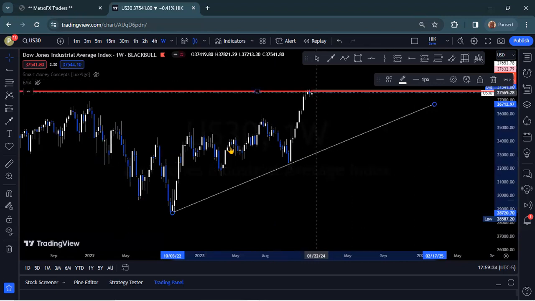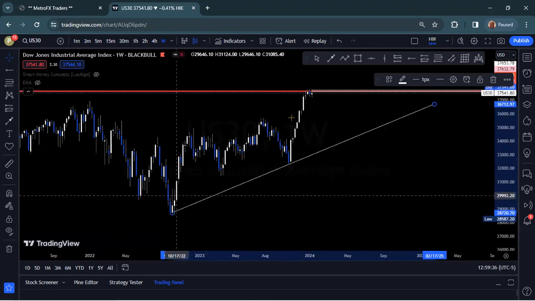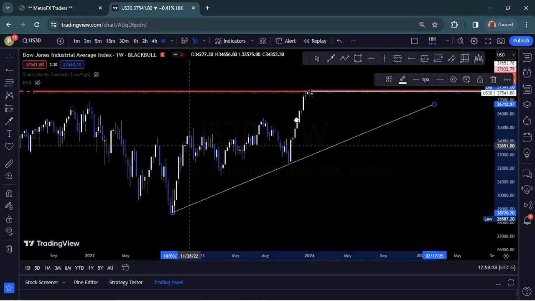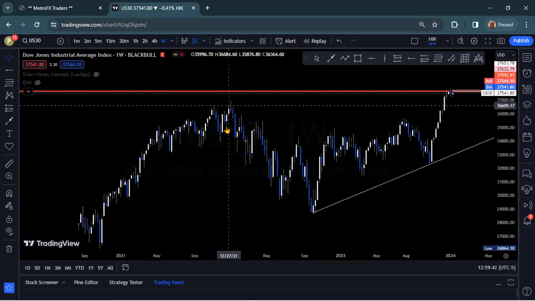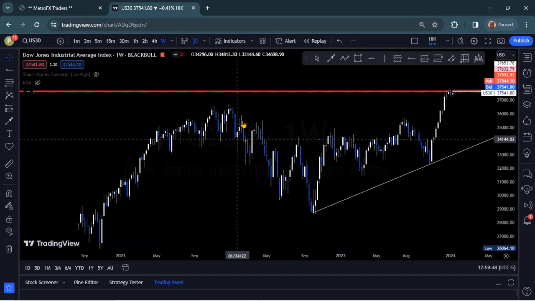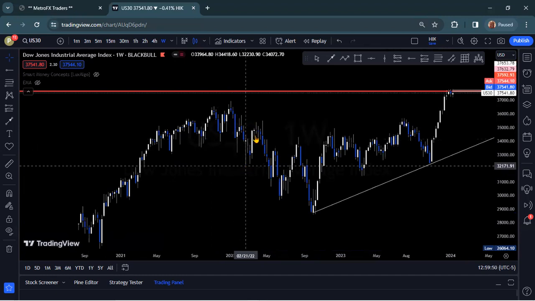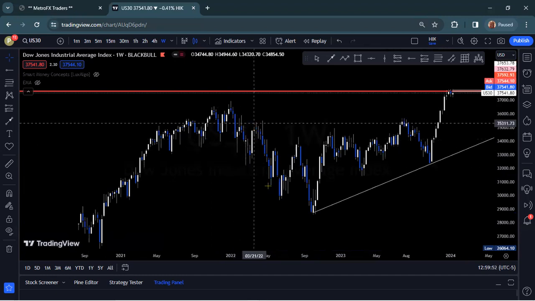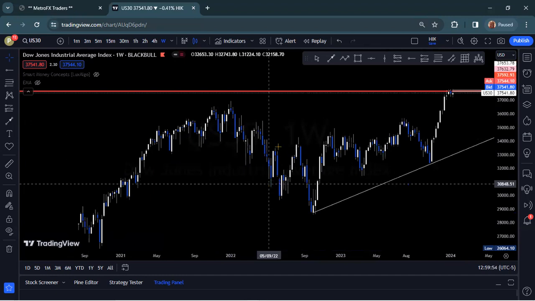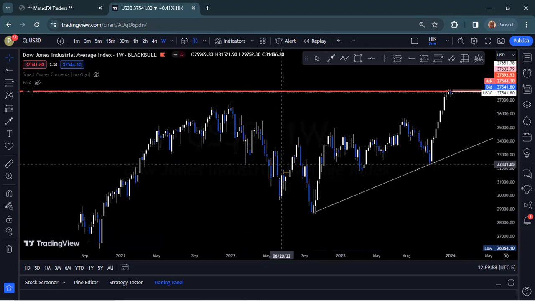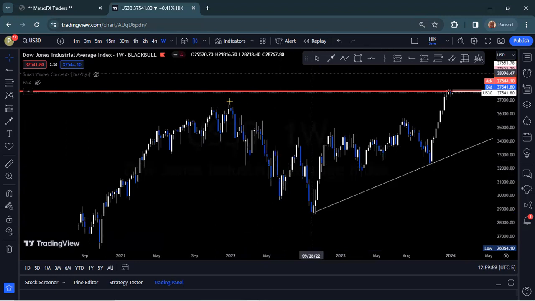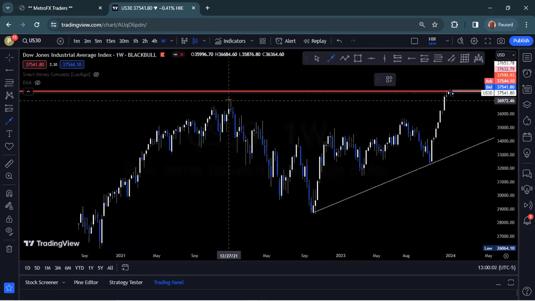So what does that say? Uptrend. If we were over here, we got a low, a lower high, lower low, lower high, lower low, lower high, lower low. So this is a downtrend. Okay. And that's how you read this.